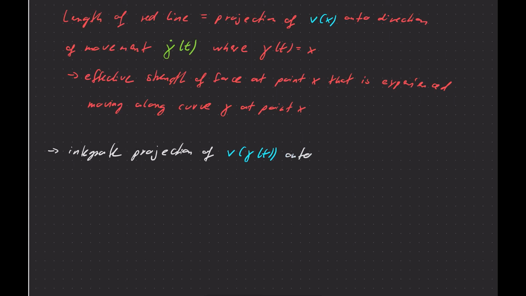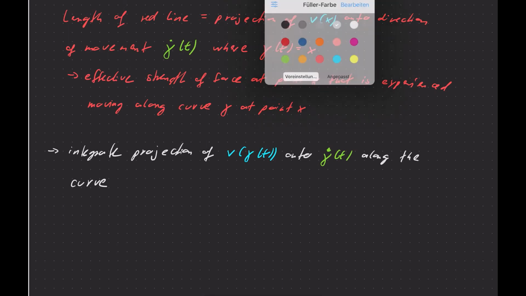We project onto gamma dot of t, onto the local direction of motion. And we do this along the curve gamma.